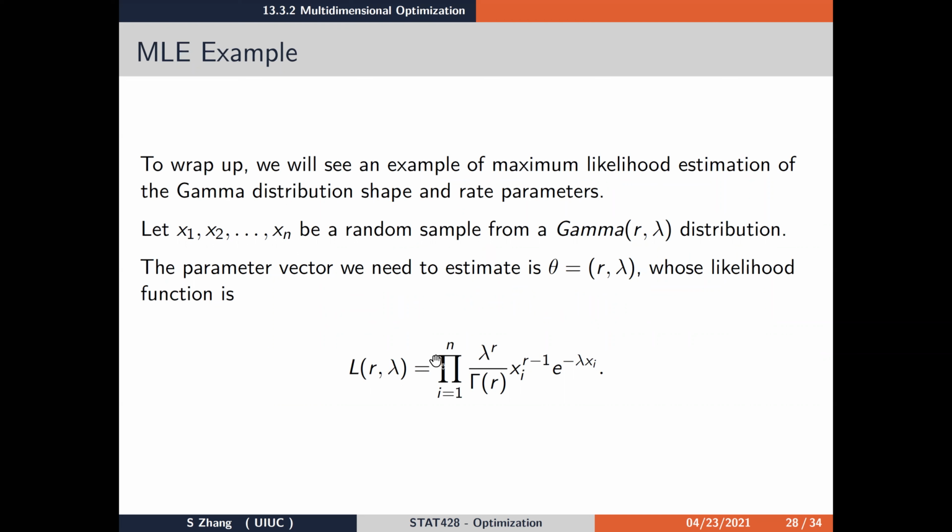The likelihood of theta, or of r and lambda, is given as follows. This is essentially the joint density of the observed random samples, given the particular r and lambda values. So that's equal to the product from i from 1 to n of the probability of observing a particular xi under a gamma r lambda distribution.